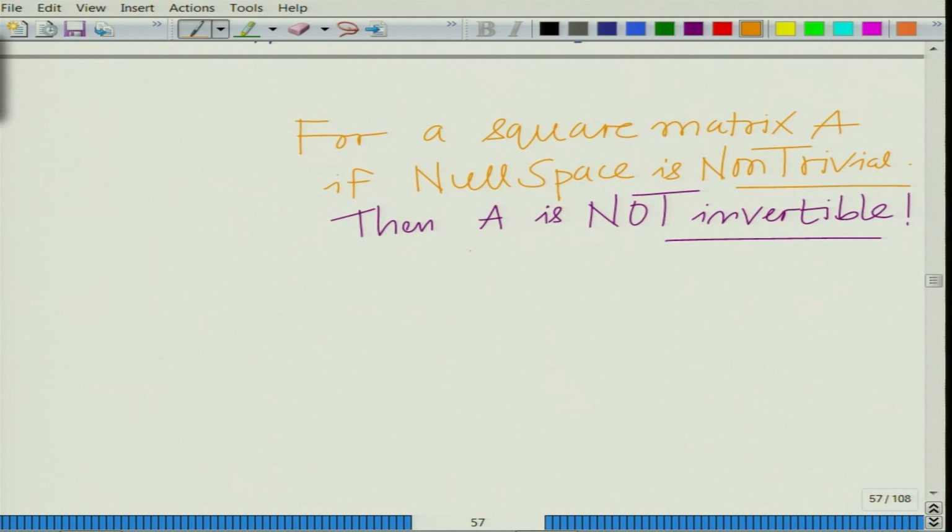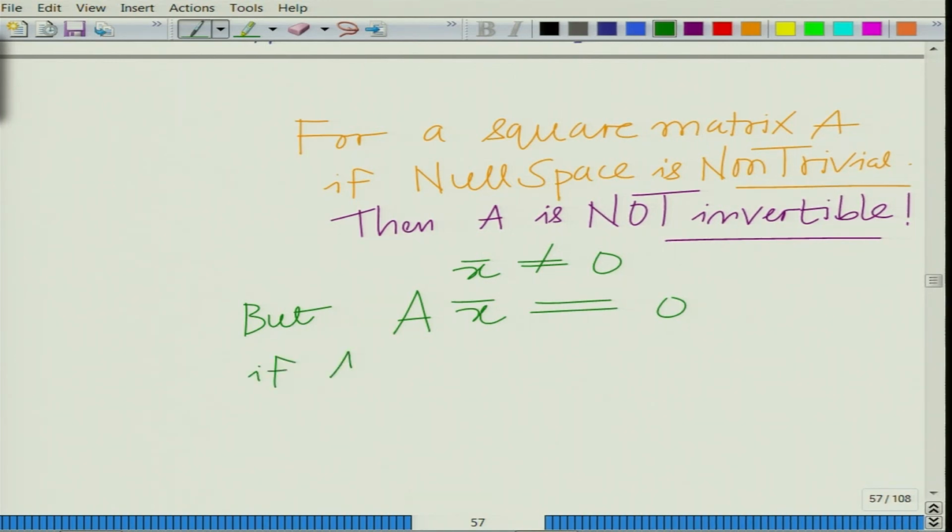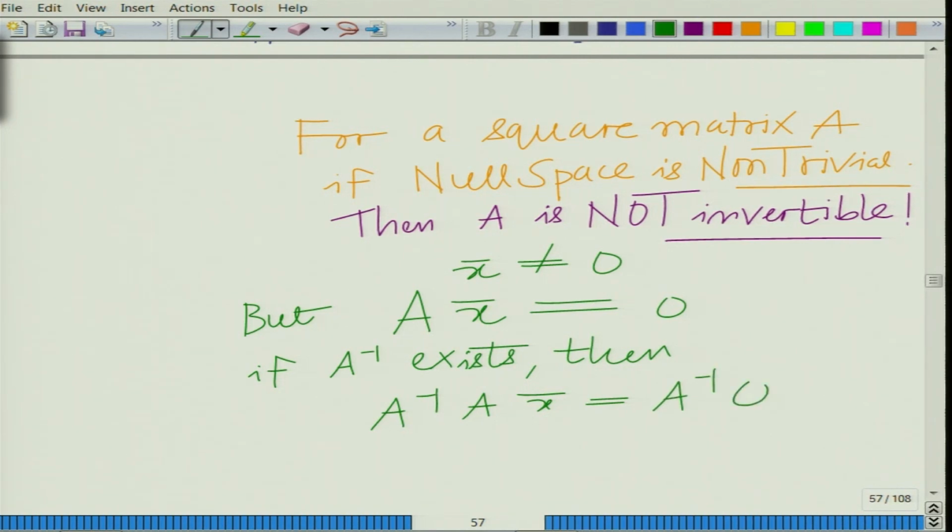For instance, consider x bar not equal to 0, but A x bar equal to 0. Now, if A inverse exists, then multiplying both sides by A inverse, we must have A inverse A times x bar equals A inverse times 0, which equals 0. Since A inverse A is the identity, this implies x bar equals 0.